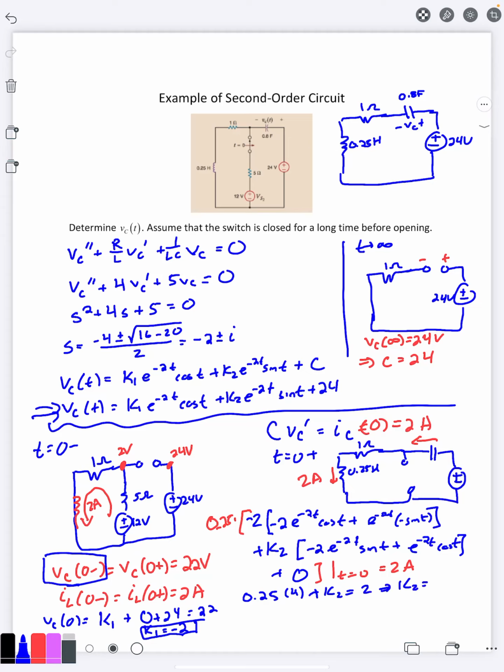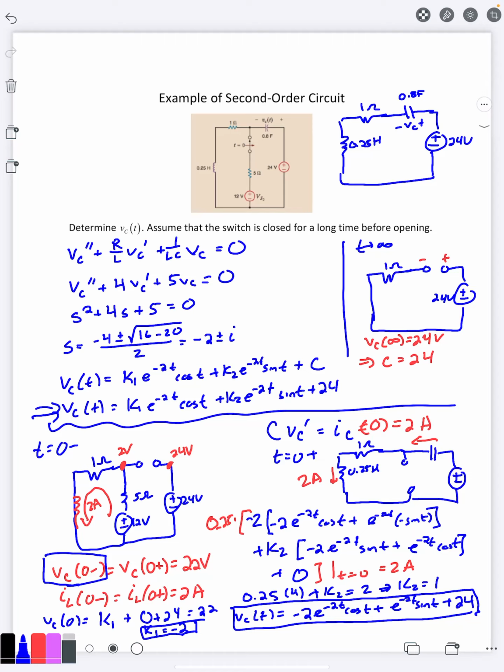And so by solving this, we're going to get K2 is 1 here, which means my final answer then, VC of t, K1 was negative 2 e to the negative 2t cosine t plus 1 e to the negative 2t sine t plus 24.